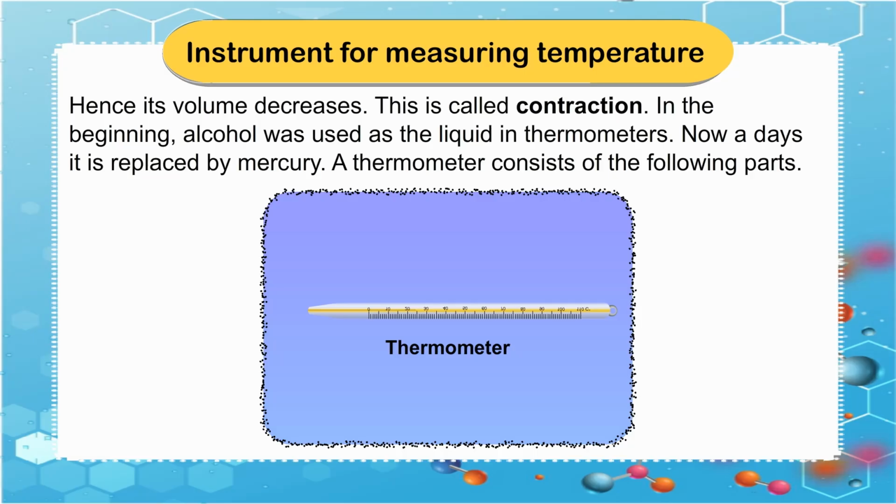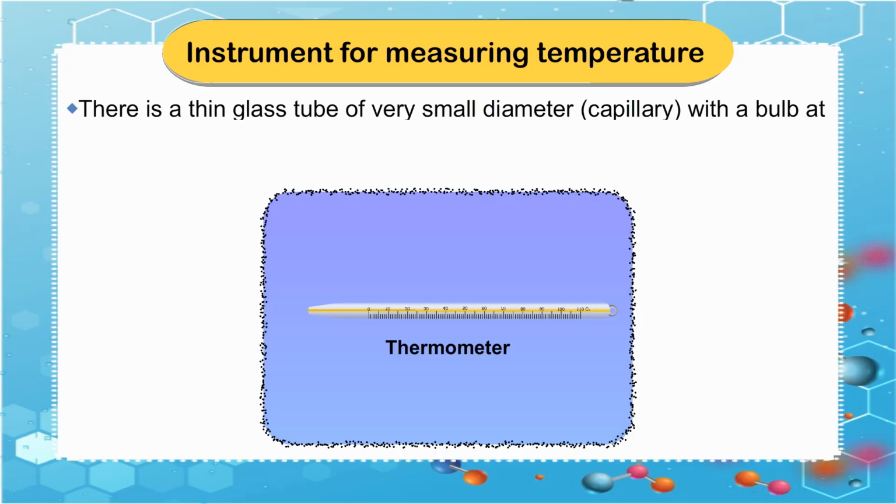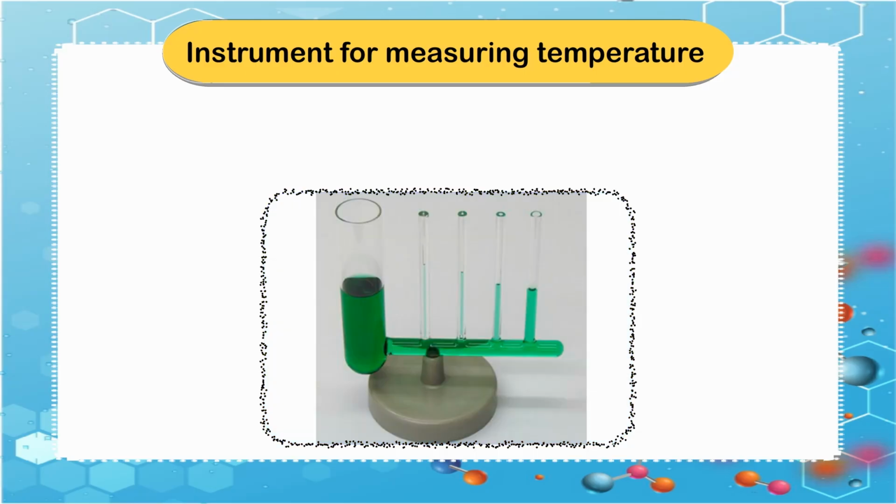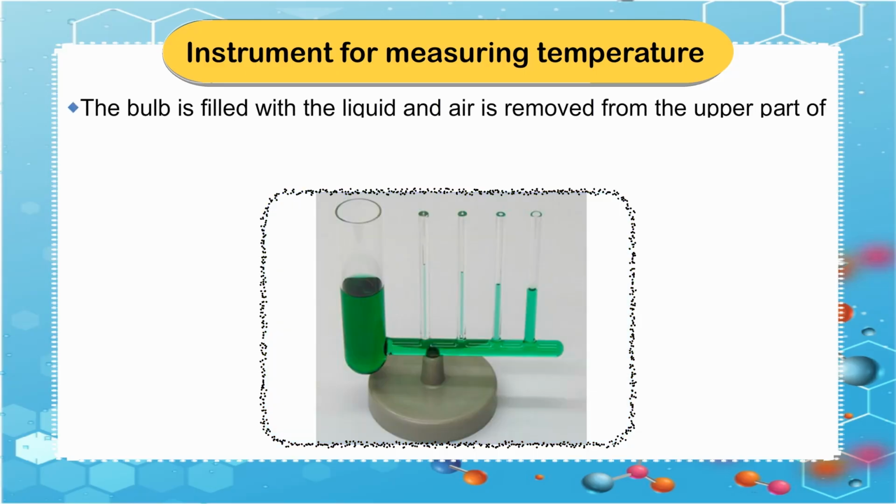A thermometer consists of the following parts. There is a thin glass tube of very small diameter, capillary, with a bulb at one of its ends. The bulb is filled with the liquid and air is removed from the upper part of the capillary and its open end sealed.